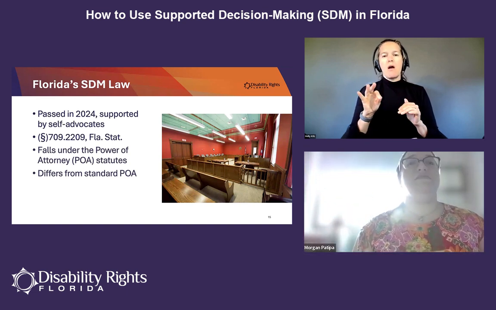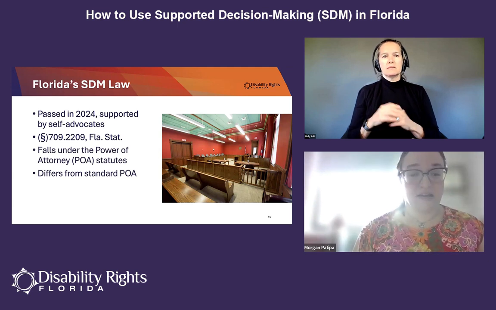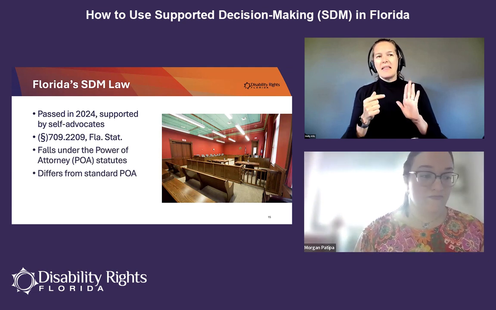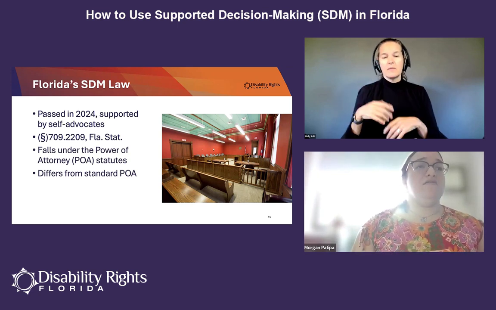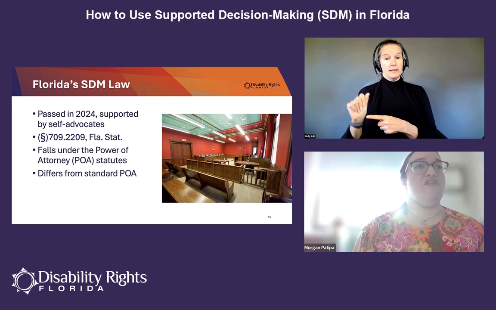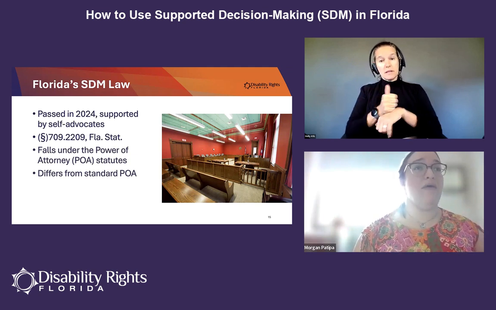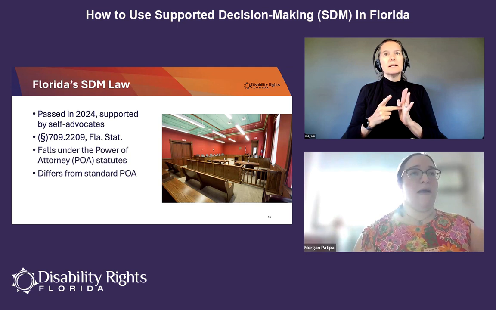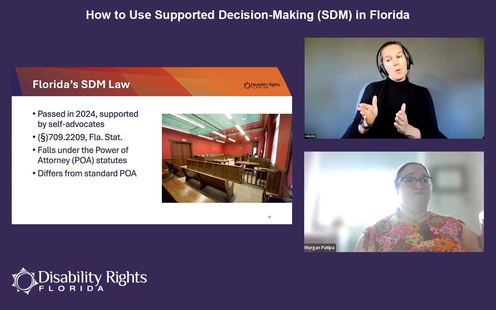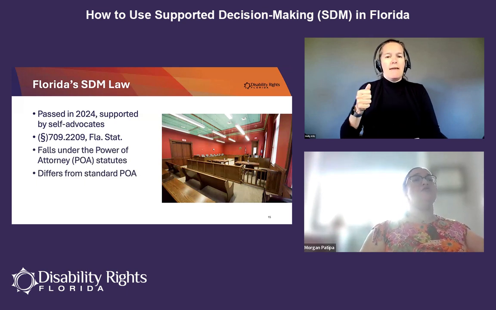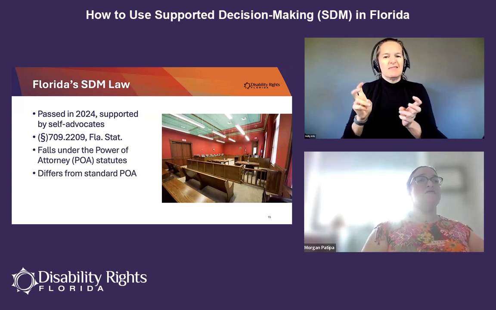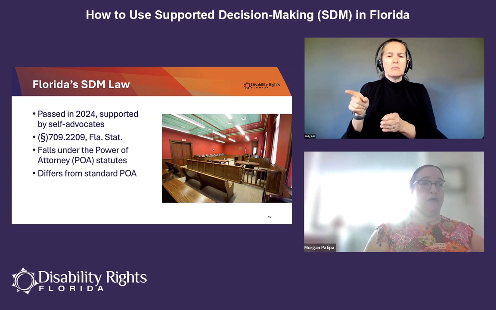So it differs from a standard POA, and I want to pause here again to kind of explain why. Because in a power of attorney situation, when you draft a power of attorney, what you're doing is you're allowing a person, right, the agent in legal speak, to make certain decisions for you, right?